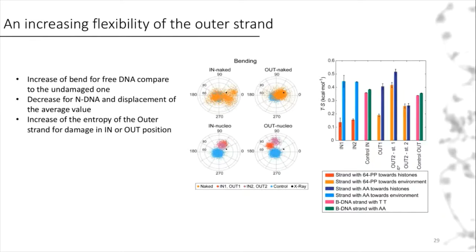Here you can observe that you have 2 out 2. It's because when we perform cluster analysis, we observe 2 different conformations that we will explain in the next slides. That's why I put these 2 different states.